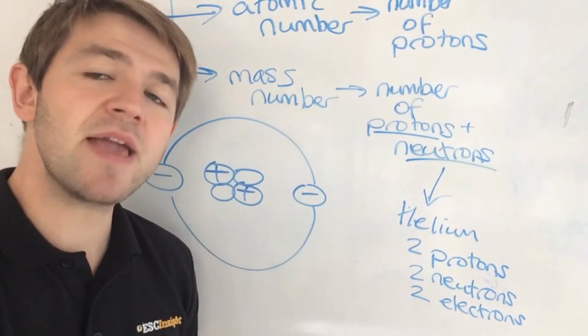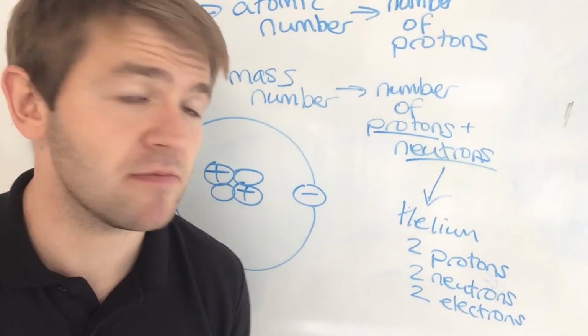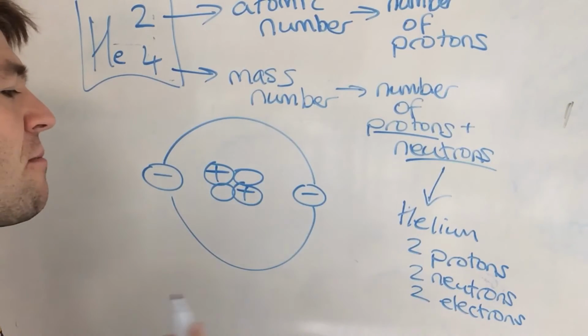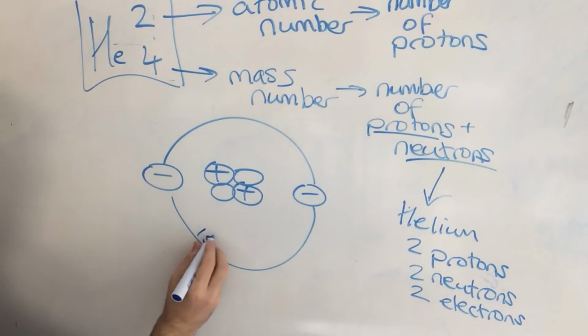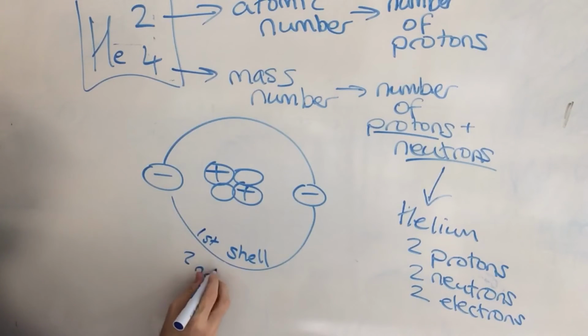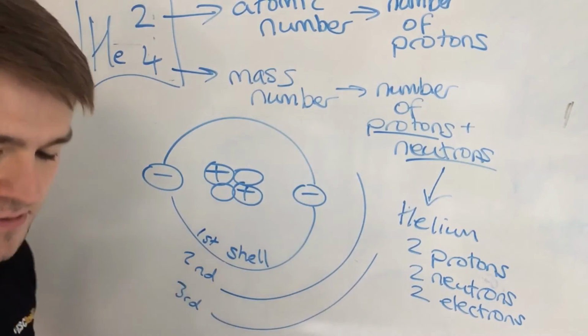As you get bigger and bigger atoms, it gets a little more complicated. The one thing you have to know is that there's a maximum, that finns en gräns for how many electrons. So this here is what I call the first shell. And you can have a second and a third and more places for the electrons to go on the outside.